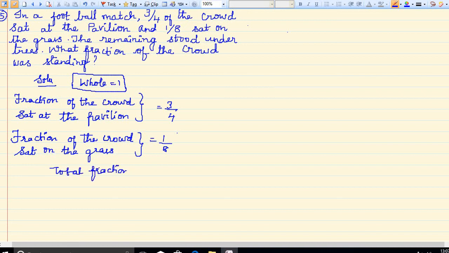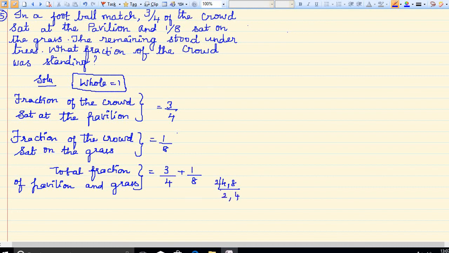Total fraction of pavilion and grass. See this, 3/4 plus 1/8. Here also take the LCM, 4, 8. 2 2s are 4, 2 4s are 8, 2 1, 2. Now my LCM is what here? 8.